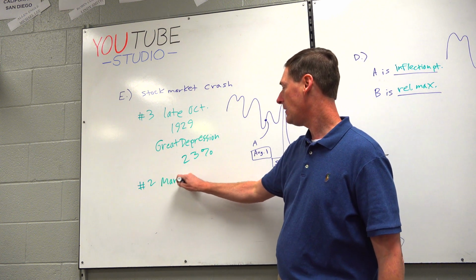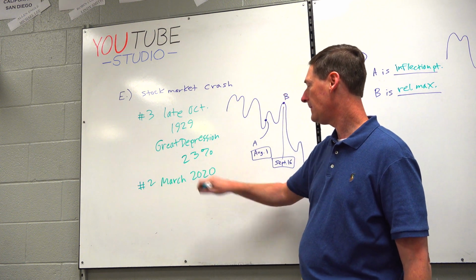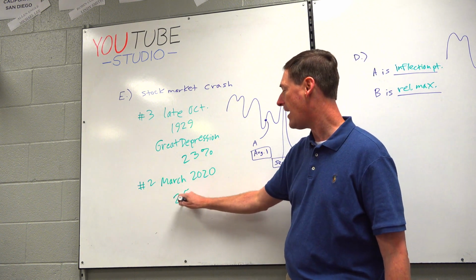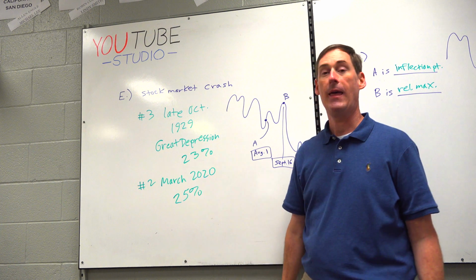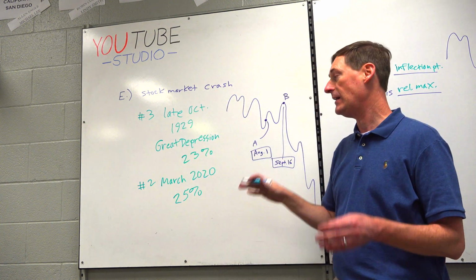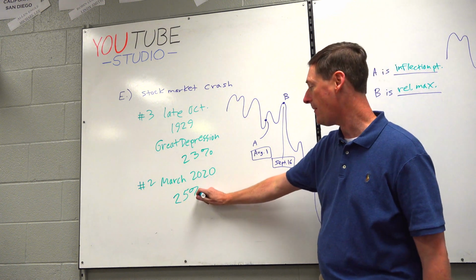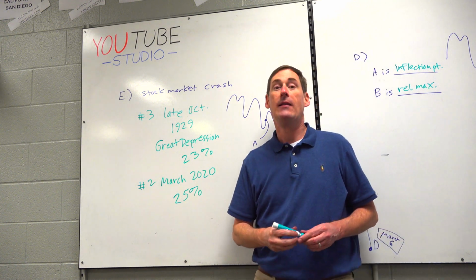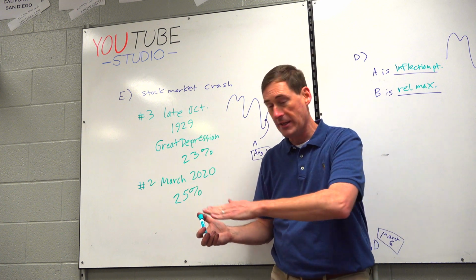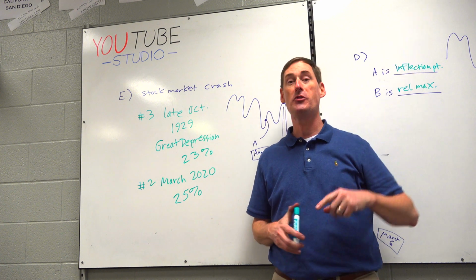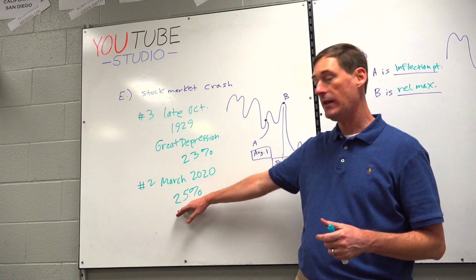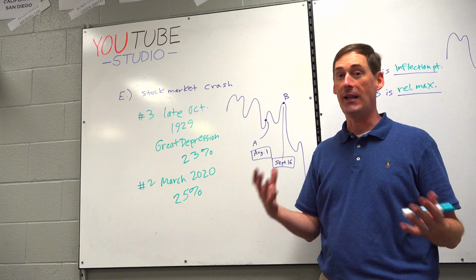March of 2020 began what would become a 25% drop and beat the Great Depression as the second worst drop in stock market history. All right, we're very fortunate though that as of this current taping right now, the whole thing has come back. It's actually come back almost to where it was before. So thank goodness we've recovered that, or we would have lost 25% roughly of our life savings.